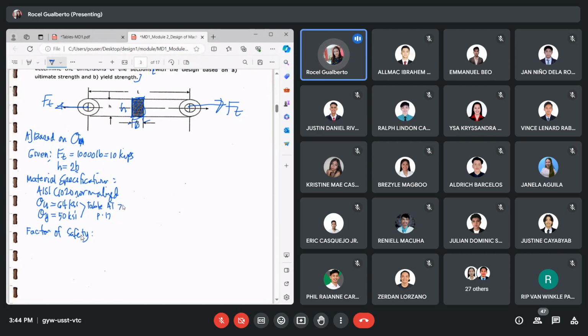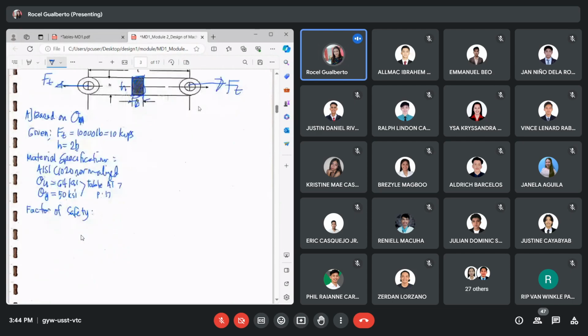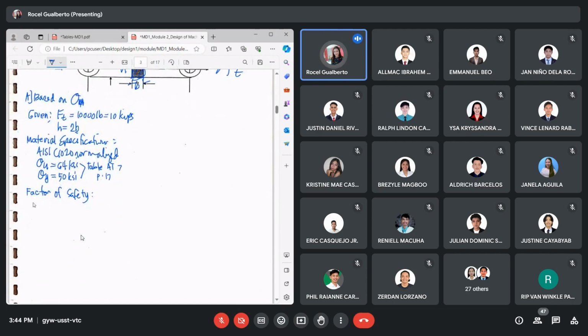So, you go back doon sa problem and then see ano yung type ng load. Nakalagay po doon: load is repeated but not reversed. So, yun po yung i-indicate natin dito. Repeated but not reversed.